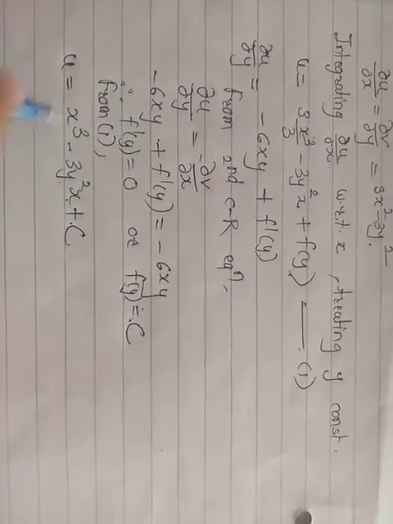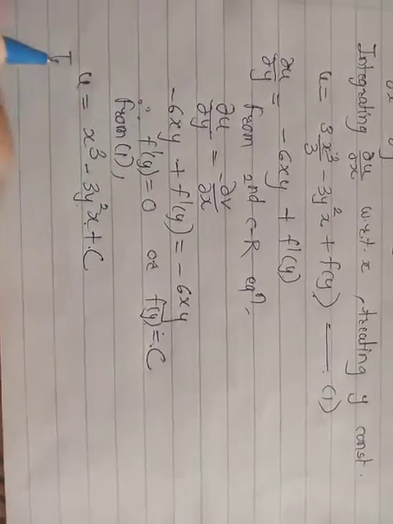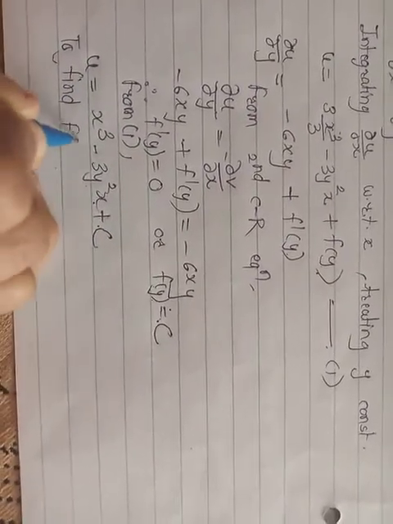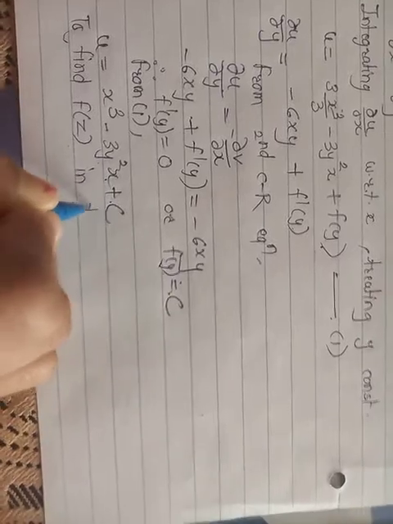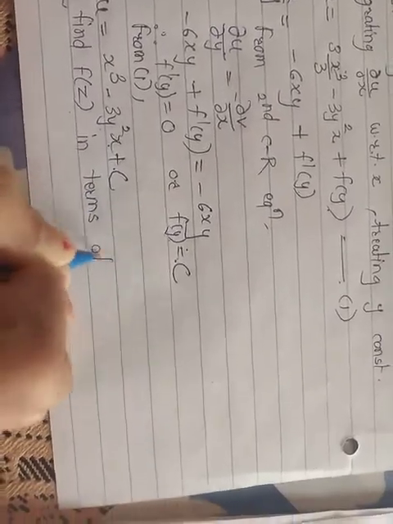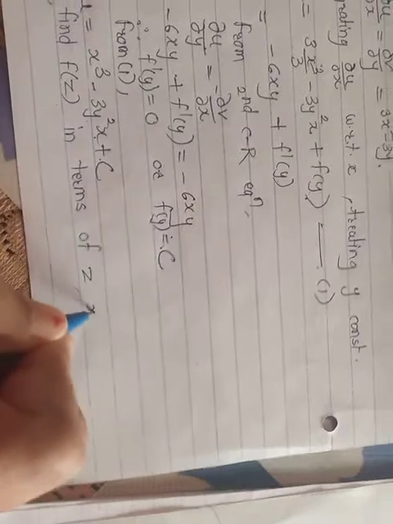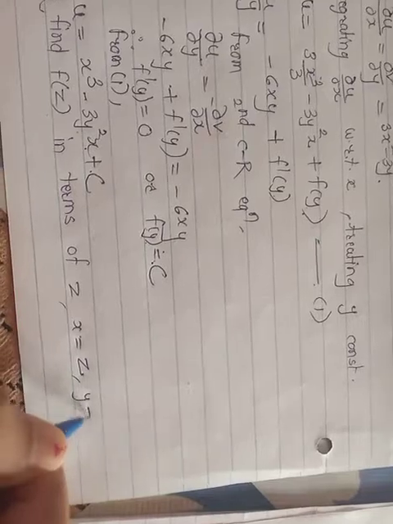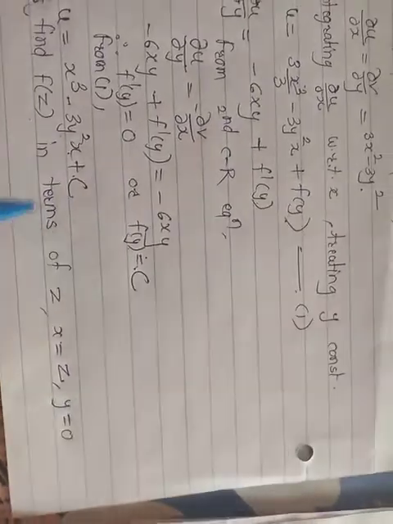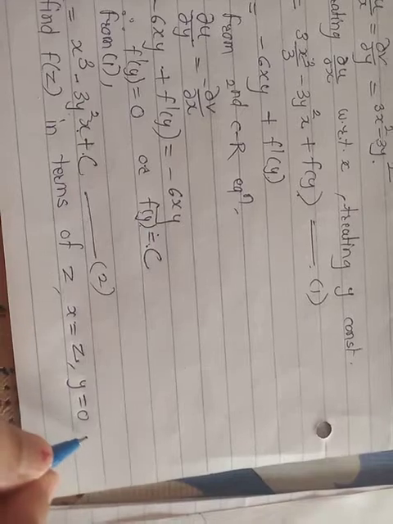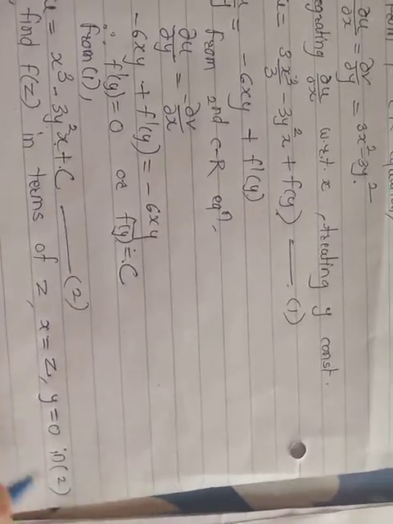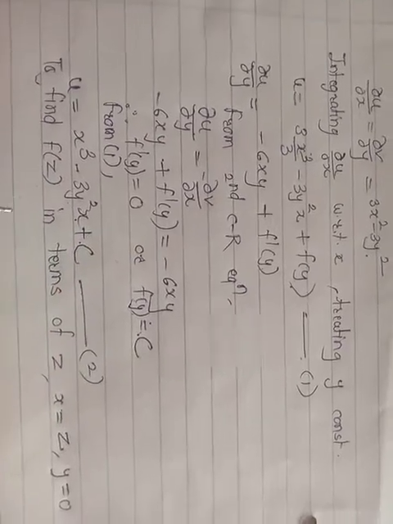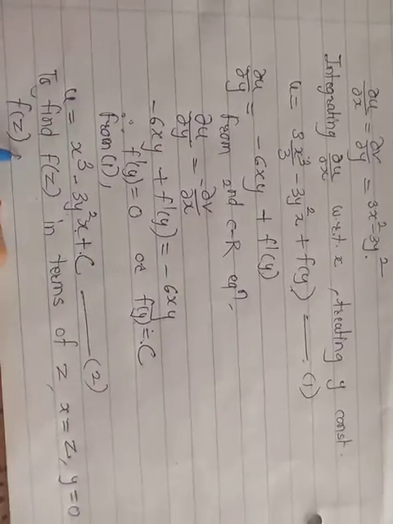Now to find f of z in terms of z, the important substitution is we put x is z and y is equal to 0 in equation 2. So we get basically f of z is what?